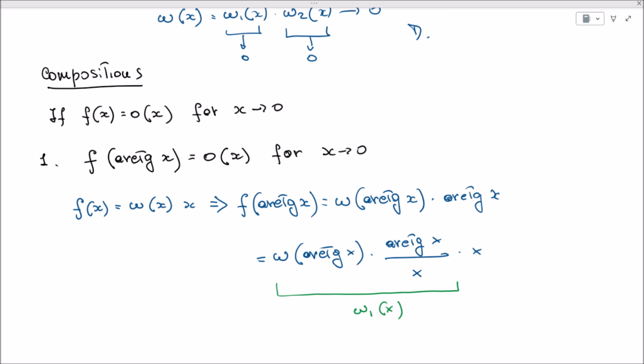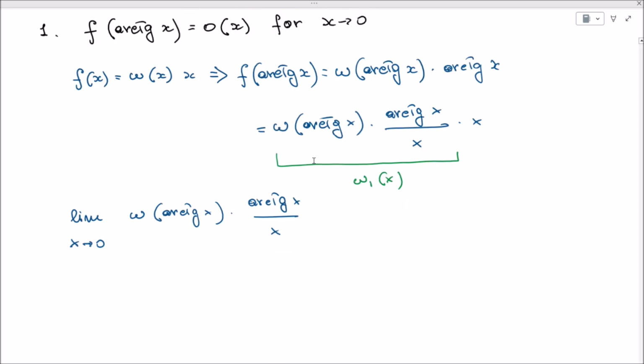Now the last thing we need to prove is that the limit as x goes to 0 of omega 1 of x, which is omega of arc tangent of x times arc tangent of x divided by x, we need to prove that this limit is equal to 0.